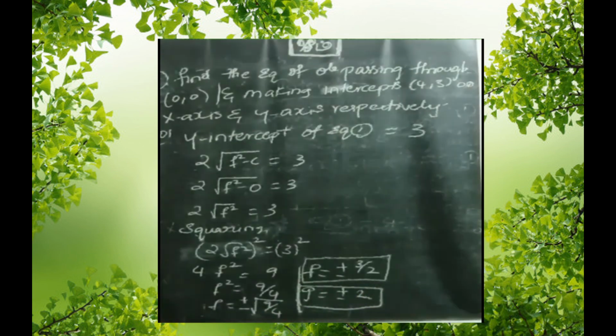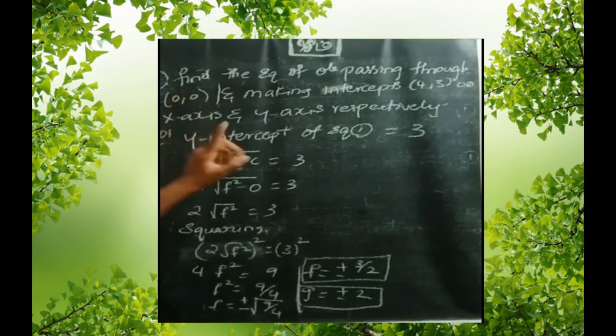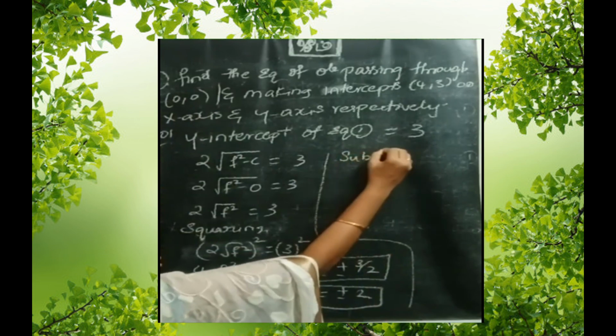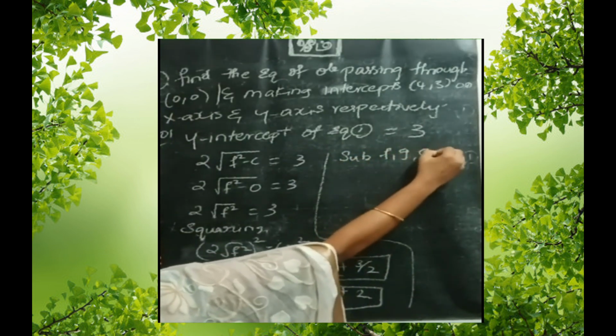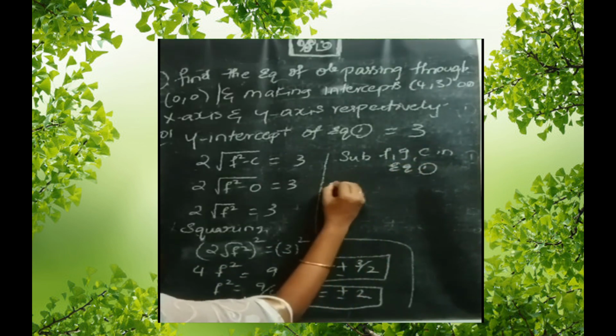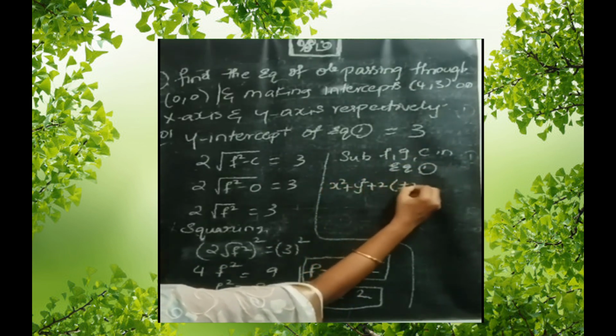Now, we have to substitute g, f, c in equation 1. Then you will get x square plus y square plus 2 into plus or minus 2 x.